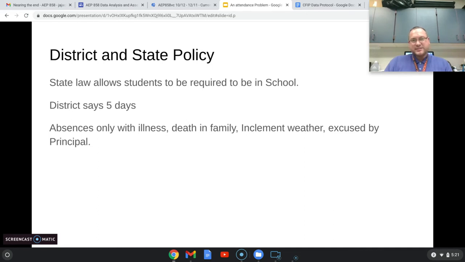The absences that count as excused are only illness, death in the immediate family, inclement weather, meaning you cannot safely get to school because of the weather, or as excused specifically by the principal.